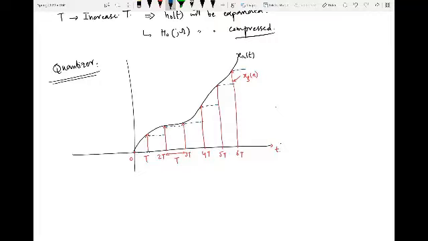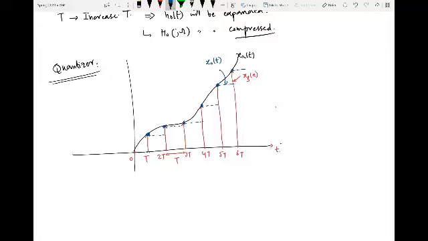I express the samples with these dots and then hold. This blue one is the signal referred to as x0 of t, the output of the zero order hold circuit. Now this x0 of t will be passed through the quantizer.